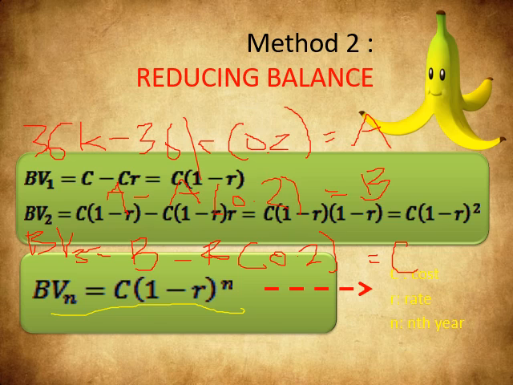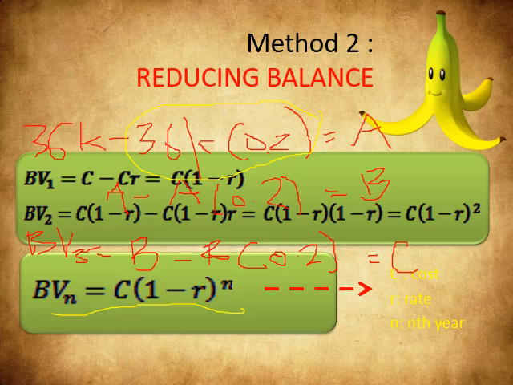What you need to stress is how to calculate depreciation in reducing balance. To calculate the depreciation, you need to know the rate of depreciation and also the previous value.